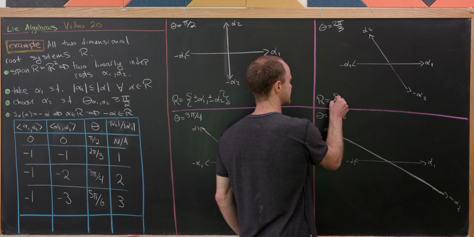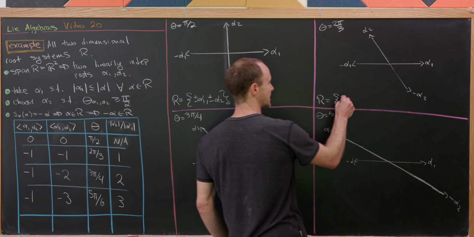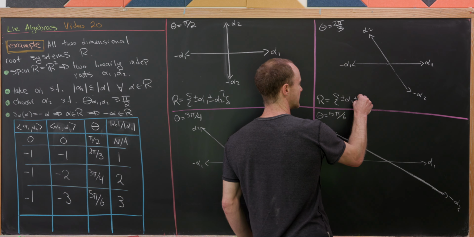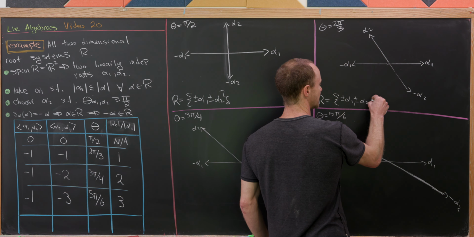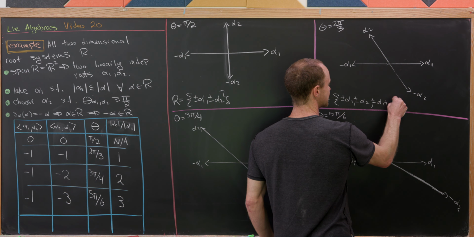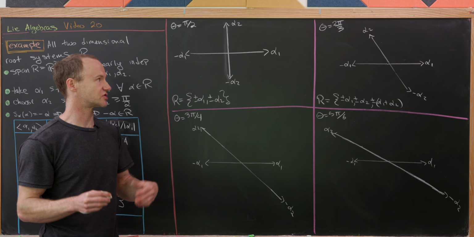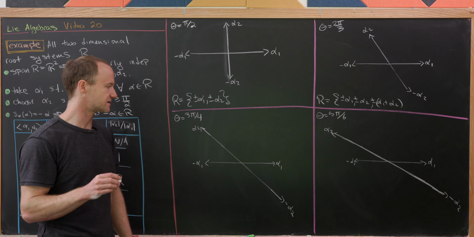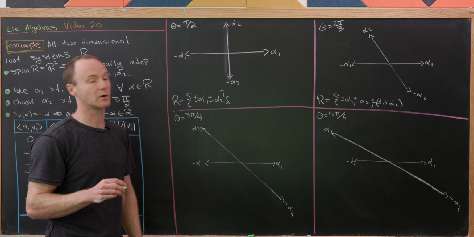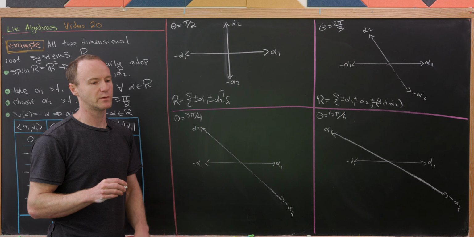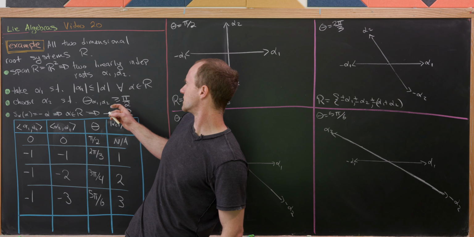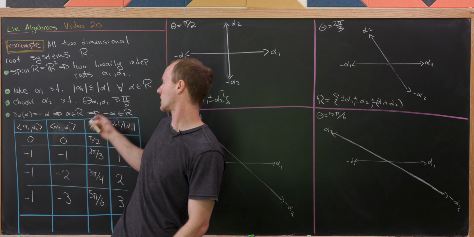So that tells us that for our root system, we at least have plus minus alpha 1, plus minus alpha 2, and then plus minus their sum. We get their sum because of that previous proposition, because the angle between them is bigger than pi over 2, and then we get the negatives from this observation right here.